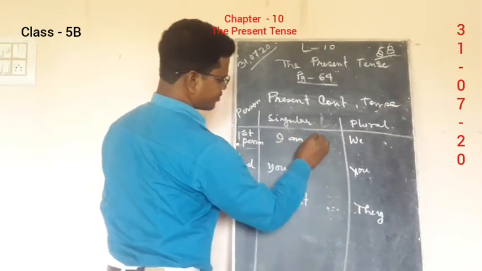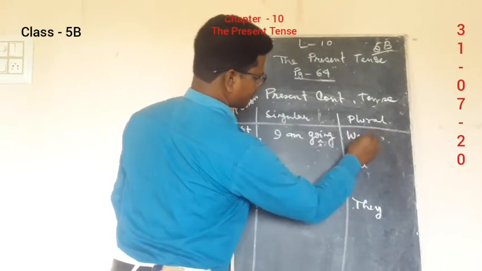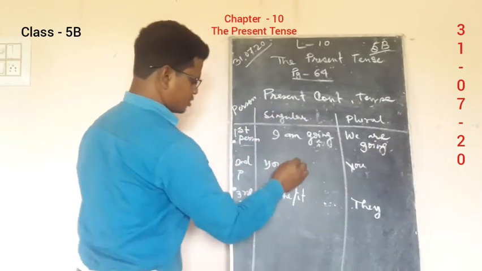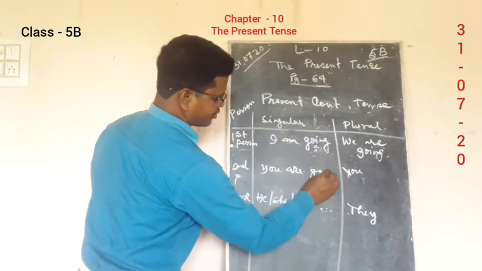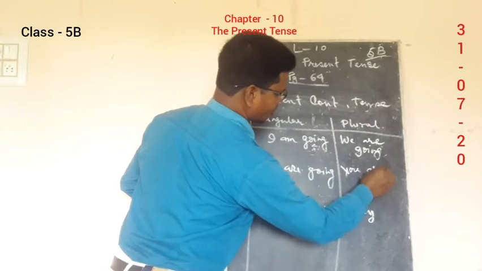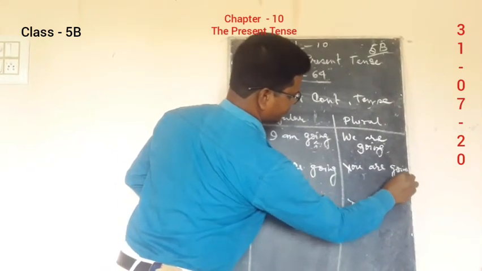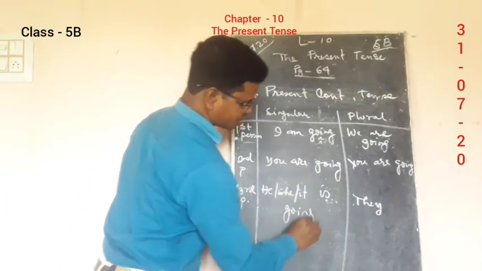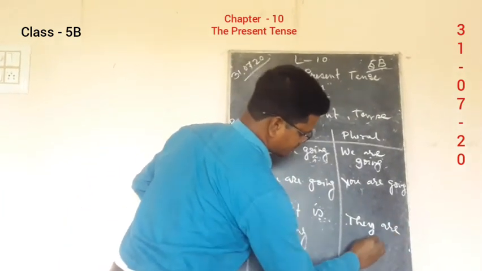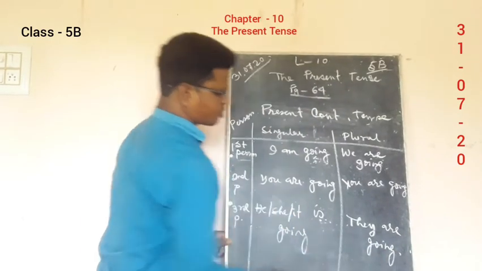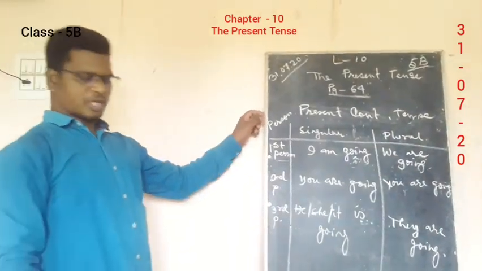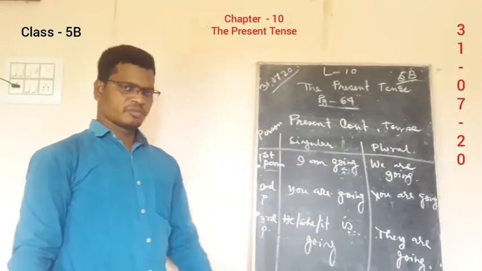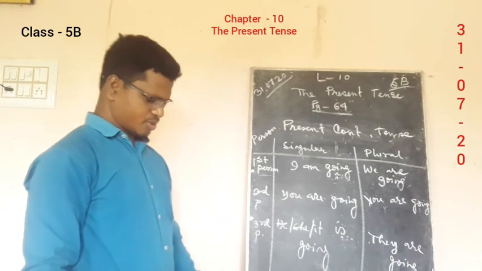Like I am going, we are going, here you are going, here also you are going, he, she, it is going, and they are going. So remember this chart, you are asked to write and learn in your copy. Please write it down and learn this one.